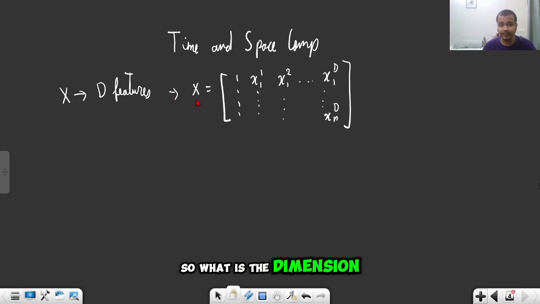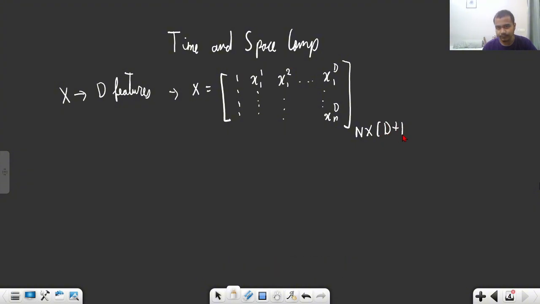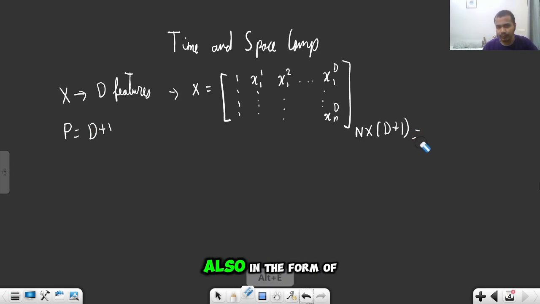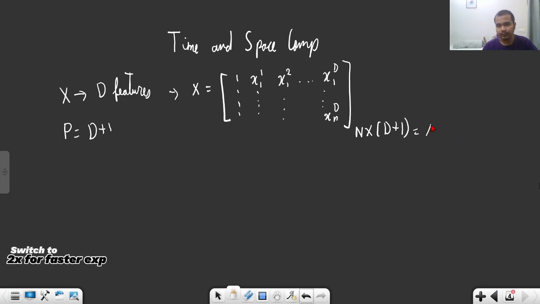So what is the dimension of this X? It's going to be n rows into d plus 1 columns. And let's assume we are going to call p is d plus 1. So we can write it also in the form of n cross p.